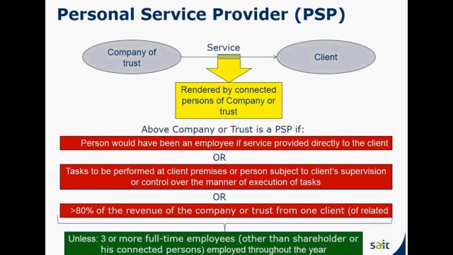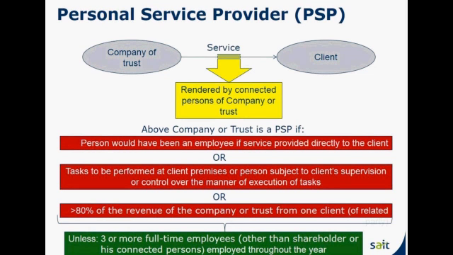Where the problem comes in is that if a company is classified as a personal service provider, Section 23K also applies, and Section 23K prohibits the deduction of most expenses. It allows you to deduct in the company your salary costs, provided that the salary cost is taxed in the hands of the employee.